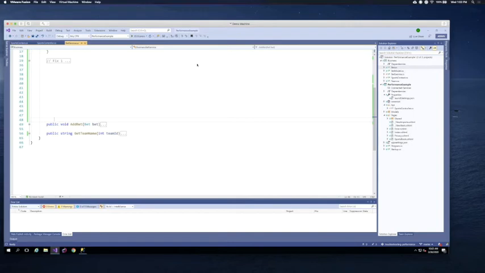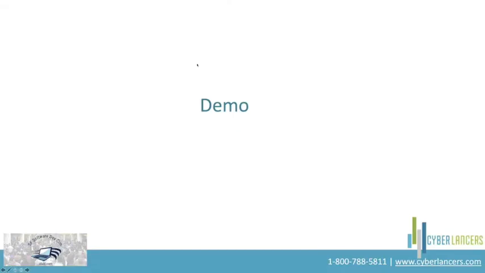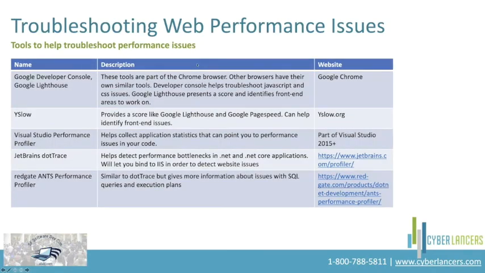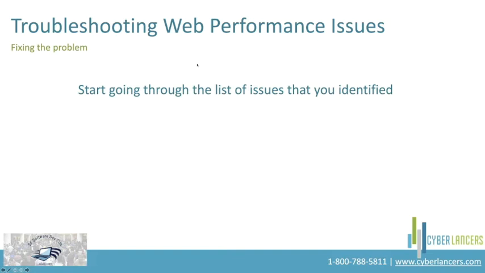All right, let's get back to our slideshow here. So here's just another chart with some of the different tools, what they do, and how you can find them. So now it is time to get started fixing these issues that we've found.